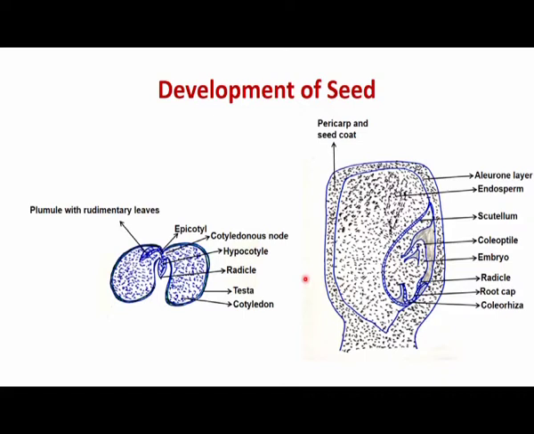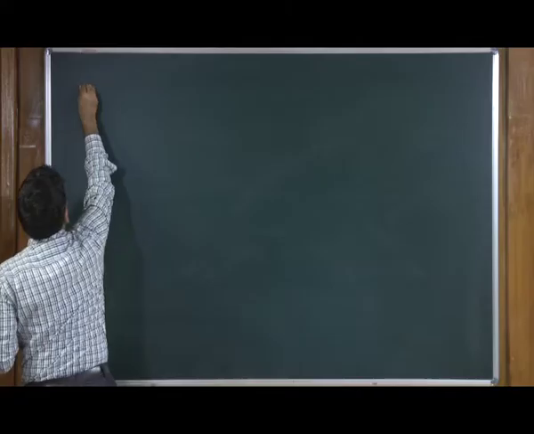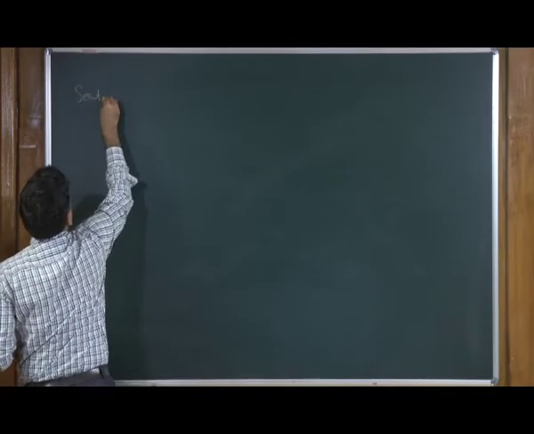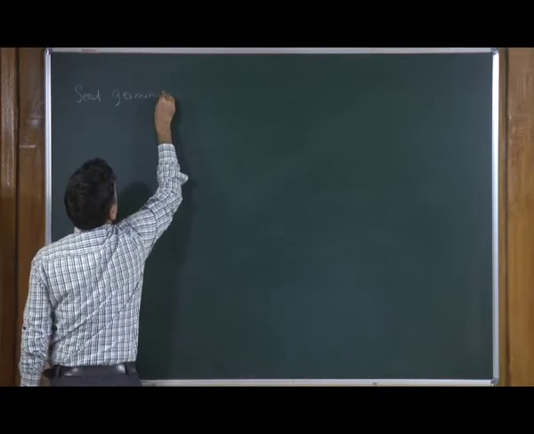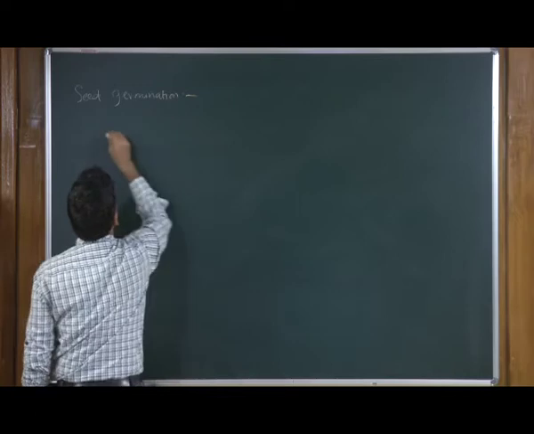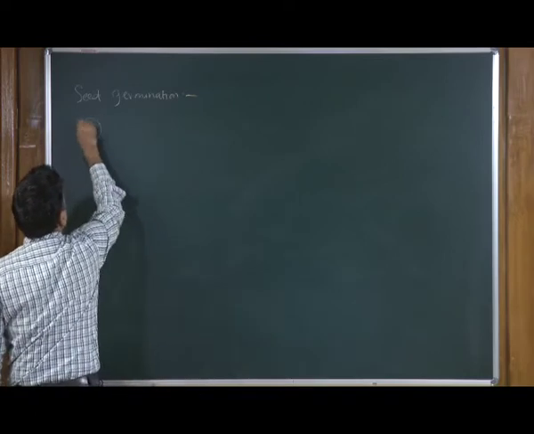The seeds of most plants germinate when you sow them and provide suitable growing conditions. The germination of a seed has multiple steps, and let us see what these steps are.